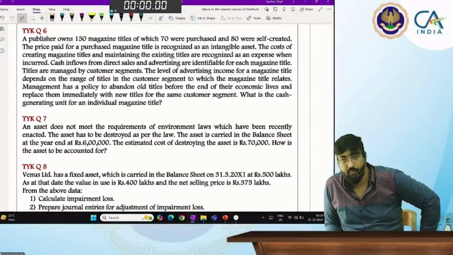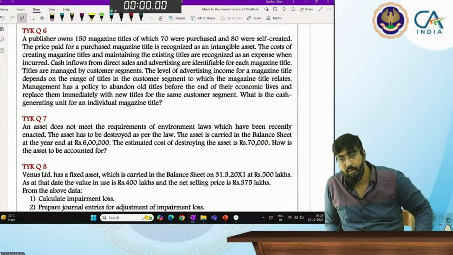The level of advertising income for a magazine title depends on the range of titles in the customer segment to which the magazine title relates. Management has a policy to abandon old titles before the end of their economic lives and replace them immediately with new titles for the same customer segment. What is the cash generating unit for an individual magazine title?